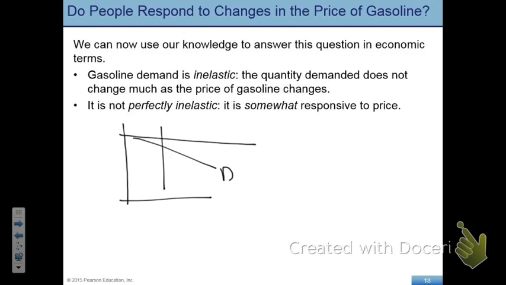So let's call this D1, let's call this D2, and let's call this D3. Which demand curve do you think can represent the demand curve for gasoline? D1, D2, or D3? D1.